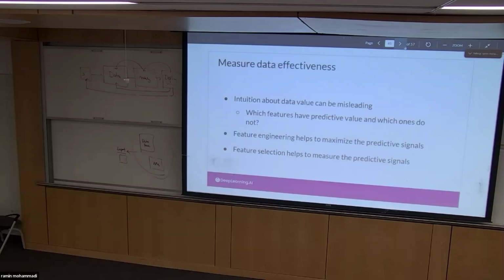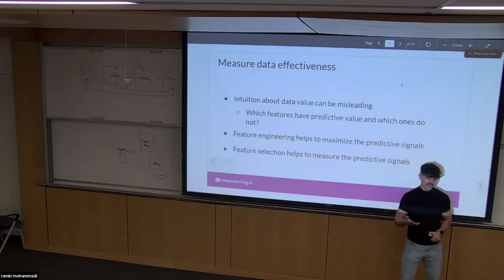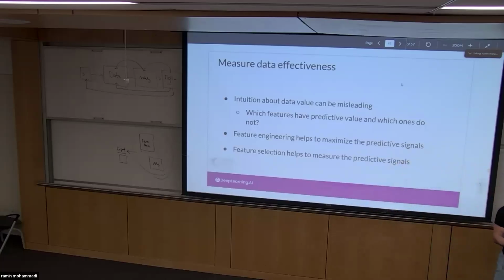Now the next thing is to measure the data effectiveness. Just be sure that you have this idea in mind that intuition behind data could be misleading. Some features might have, you thought, had predictive signal, but they end up not having it. Just keep those in mind.